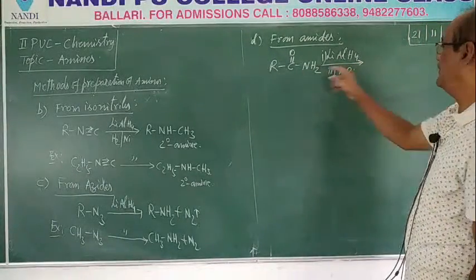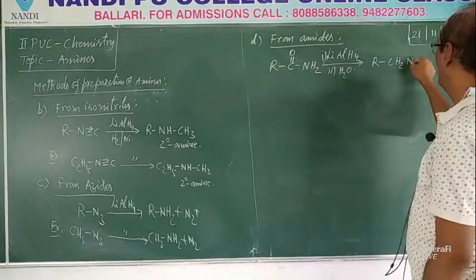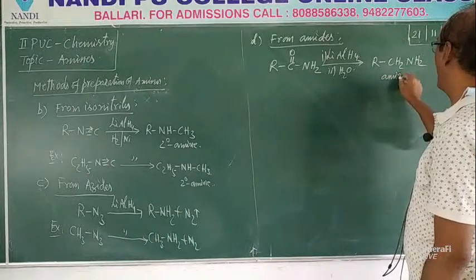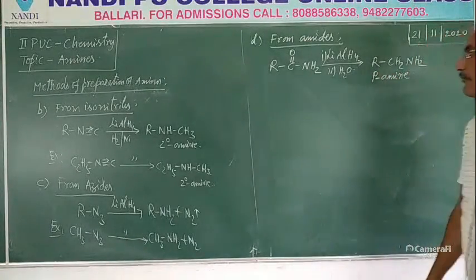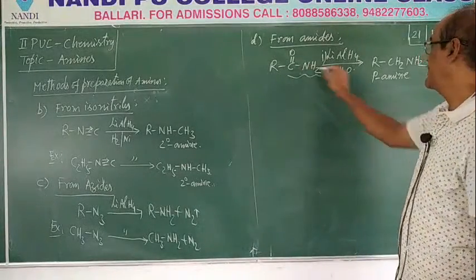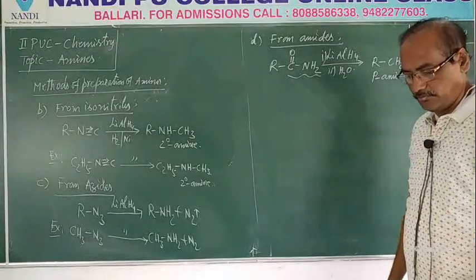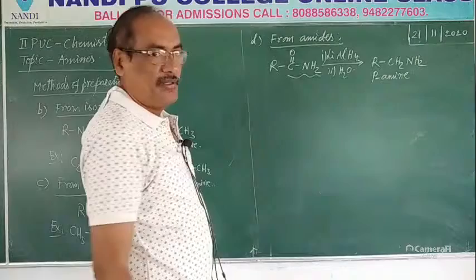Then what will happen? This can be reduced to RCH2NH2. This is amine, a primary amine. RCONH2, the amide group, is converted to the amino group CH2NH2. Right, children?